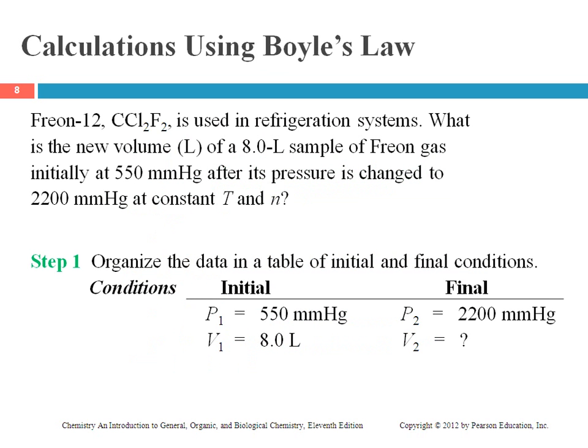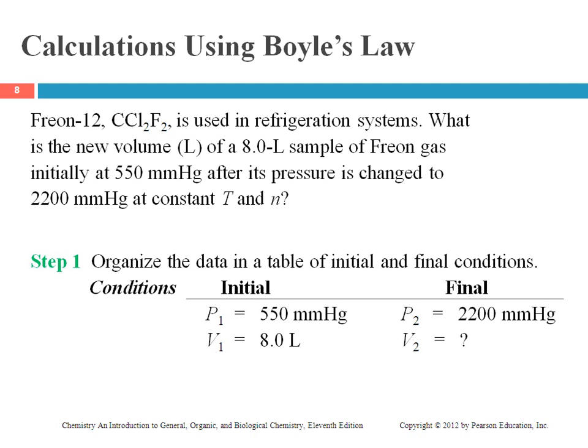Freon 12 is used in refrigeration systems. What is the new volume? We're looking for V2 of an 8-liter sample of Freon, so 8 liters is our V1. You can see that at the bottom of the screen.